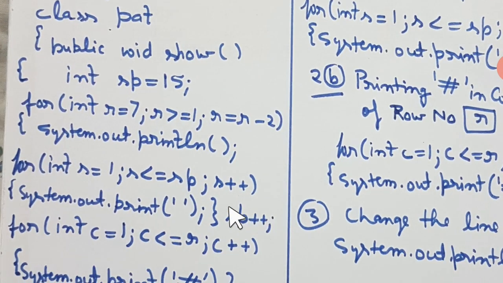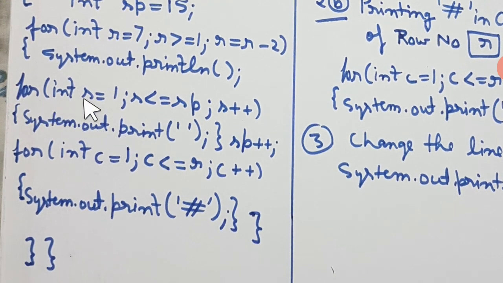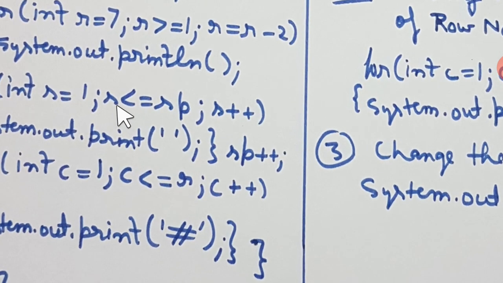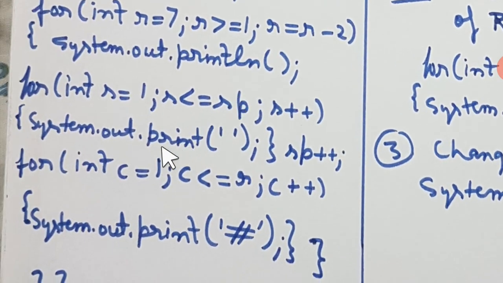After that we change the line as I've suggested. Then here is the space loop, int s equal to 1, s less than equal to sp and s plus plus. So it will display all the spaces here. After that sp plus plus, so the space is going to be increased.